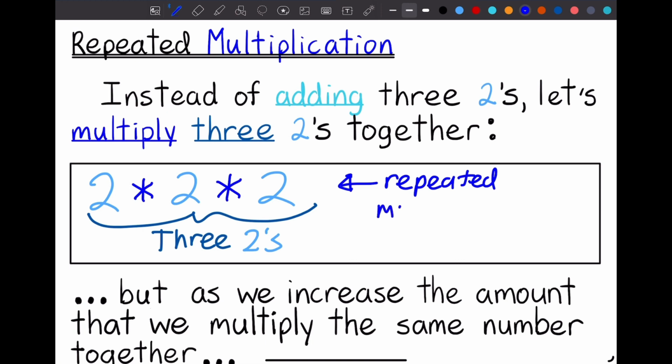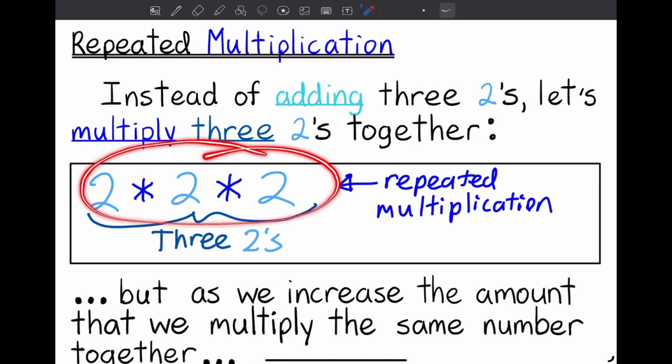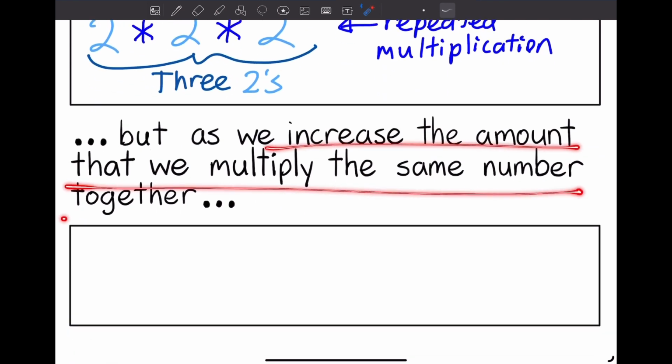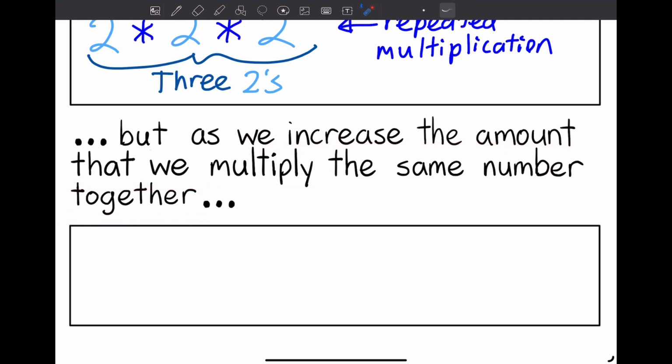Another way we could say it is we're multiplying the same number repeatedly. And just like repeated addition, multiplying 3 2's is very short to write down. However, as we increase the amount that we multiply the same number together, it becomes long very quickly.